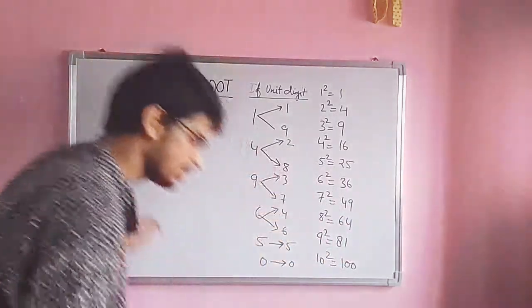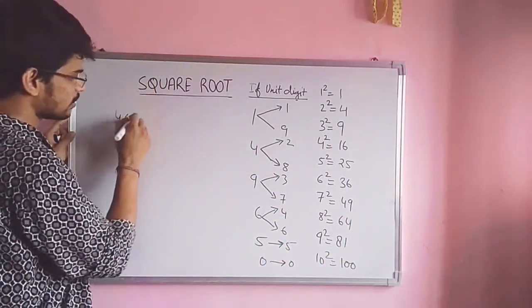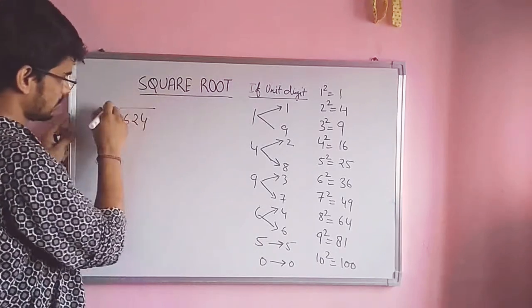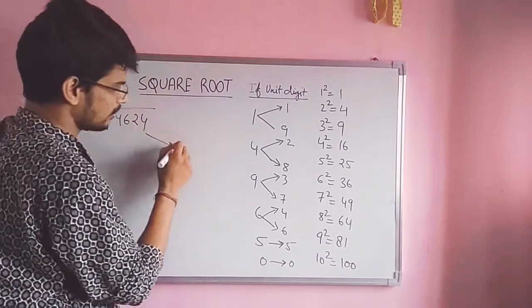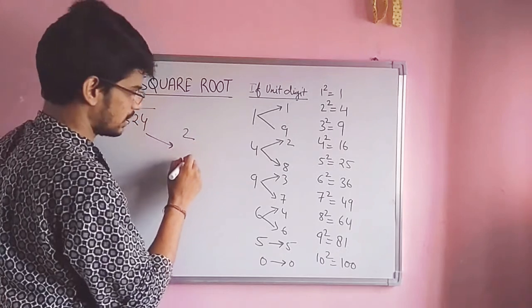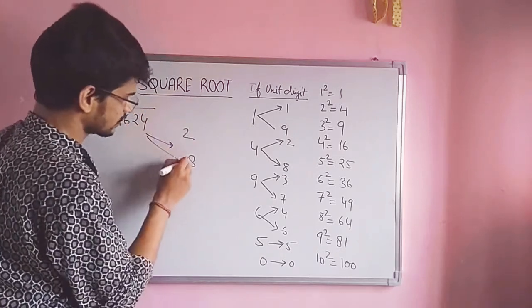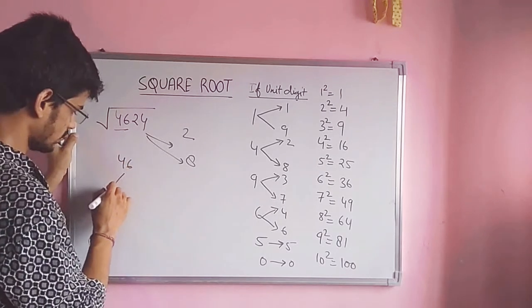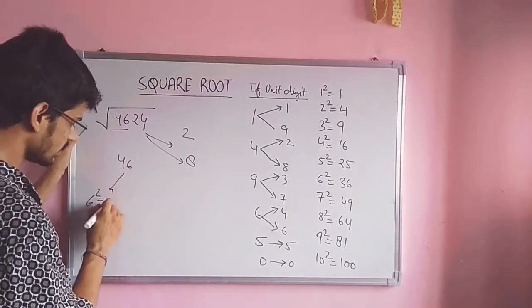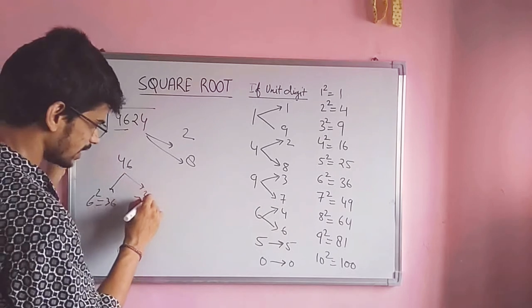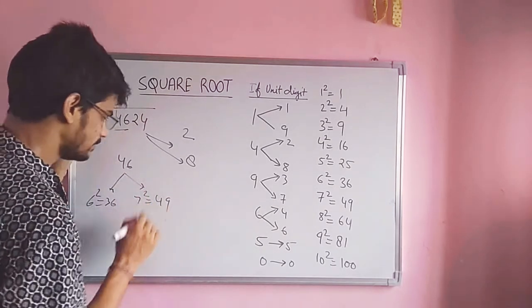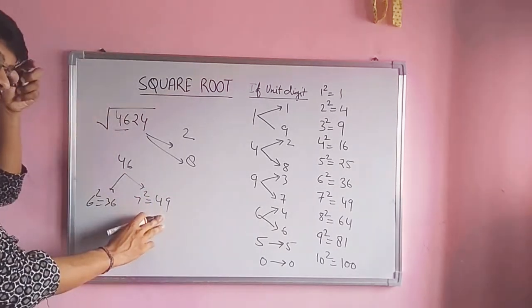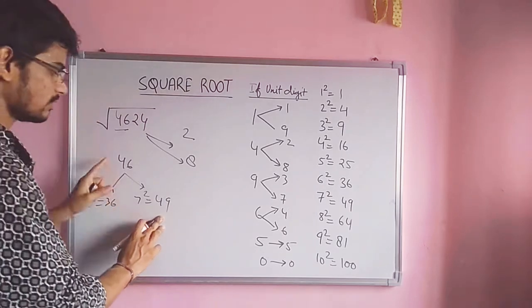Next, take the last example, 4624. Ending on 4, so the root ends on either 2 or 8. Clear? Now take the first two digits, 46. Here 6 square is 36. 7 square is 49, which is greater than 46.